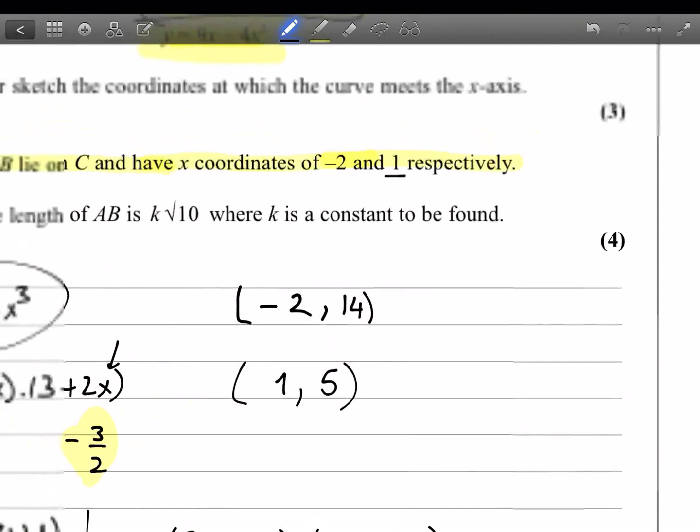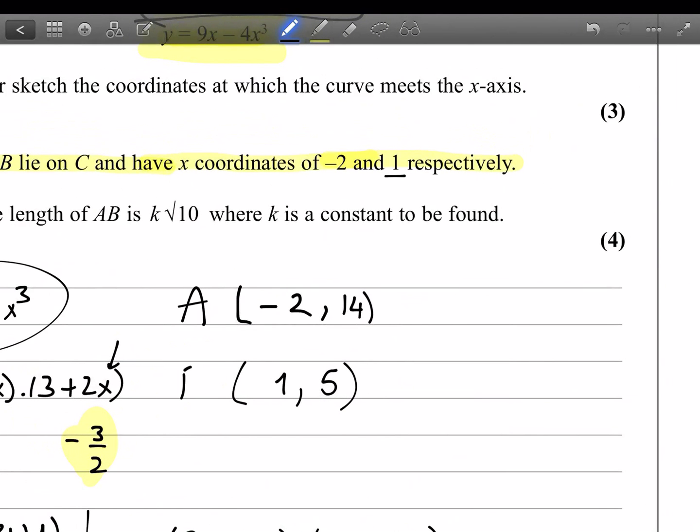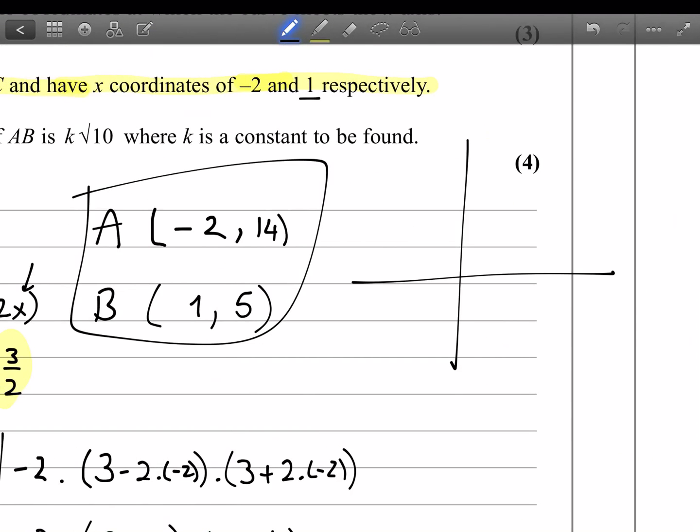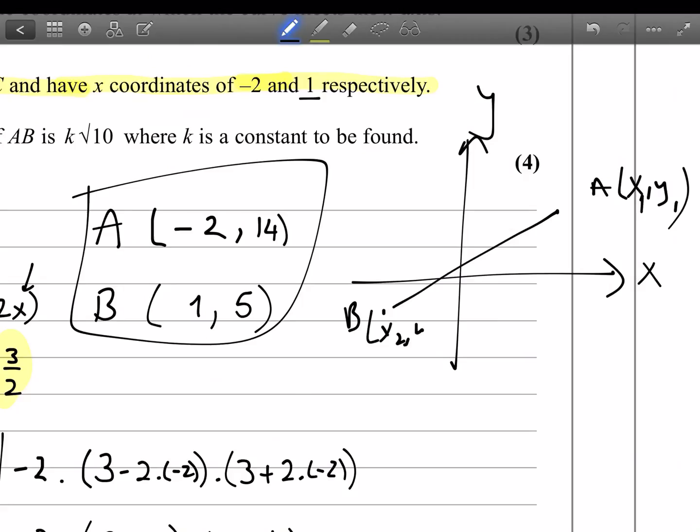It asks what is the length of AB. In coordinates, any points A and B have coordinates x1, y1 and x2, y2.